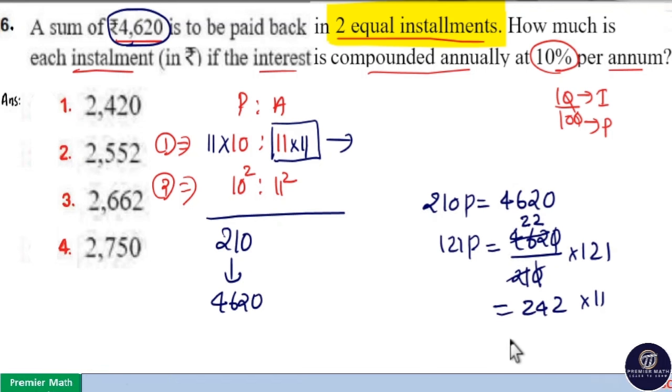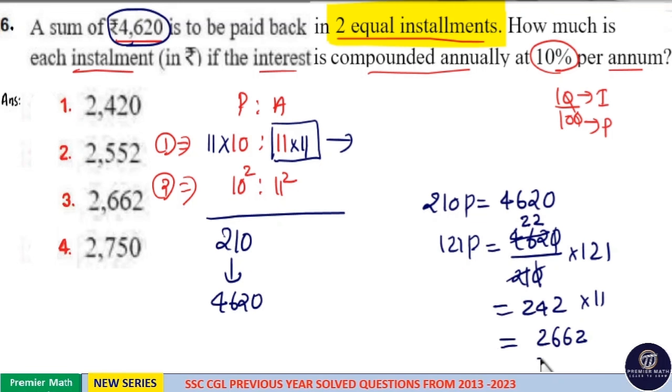When a number is multiplied with 11, write the unit digit 2, then 4 plus 2 is 6, 2 plus 4 is 6, write 2. So 2662. Your answer is 2662. Option 3 is your answer.